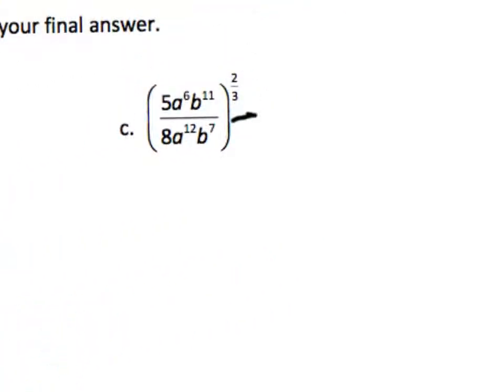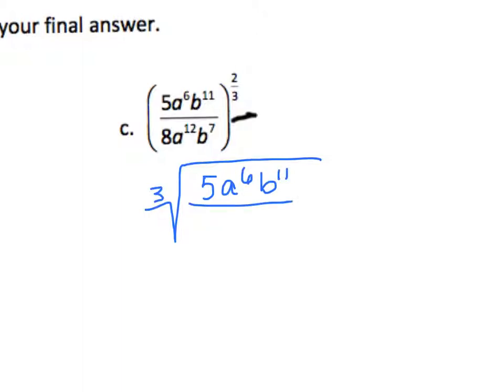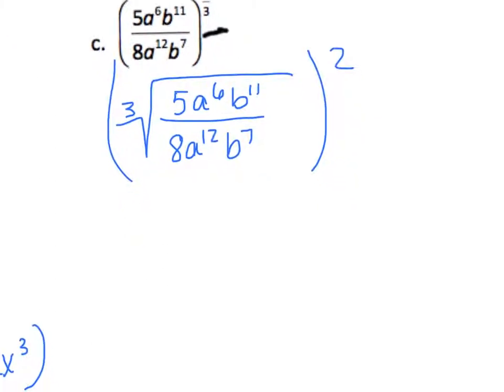For C, the fraction looks the same. So remember, okay, cube root of 5a to the 6th, b to the 11th, over 8a to the 12th, b to the 7th. And we're going to square that. I would simplify underneath the radical first if I could, and then do the radical, and then apply the exponent of 2.